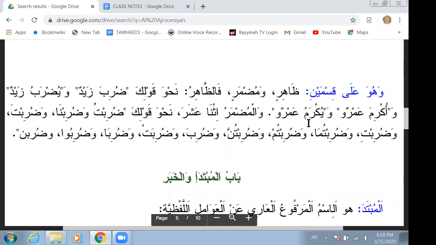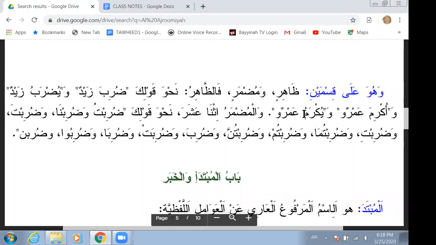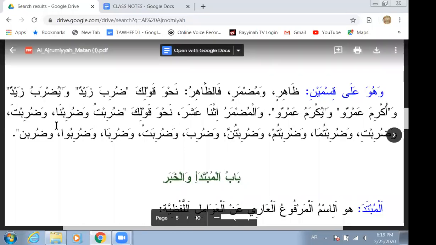Present tense, first letter will take a dhamma and the second last letter will take a fatha, and that indicates that this fi'l is in the passive form and it is present passive, and Amrun is the naibul fa'il for it. And then they have given the example of the muzmar, with the pronouns being twelve, and they have given a long list of it. We will get into it when we go through the notes.